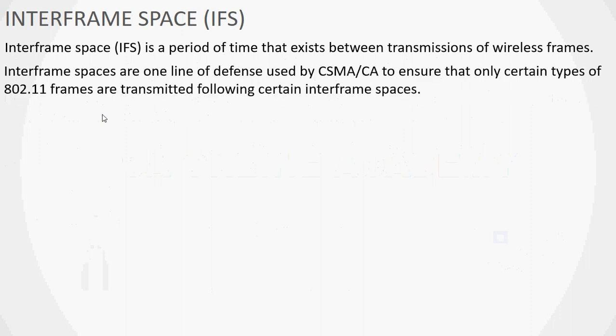Interframe spaces are one line of defense used by CSMA/CA to ensure that only certain types of 802.11 frames are transmitted following certain interframe spaces. The interframe space gives you the idea of which type of frame has to be sent once this interframe space has occurred.